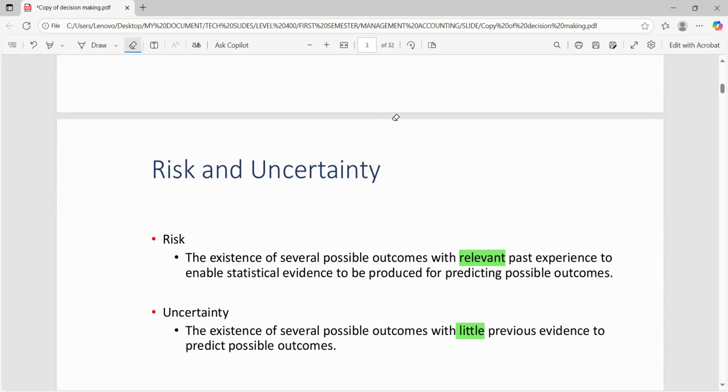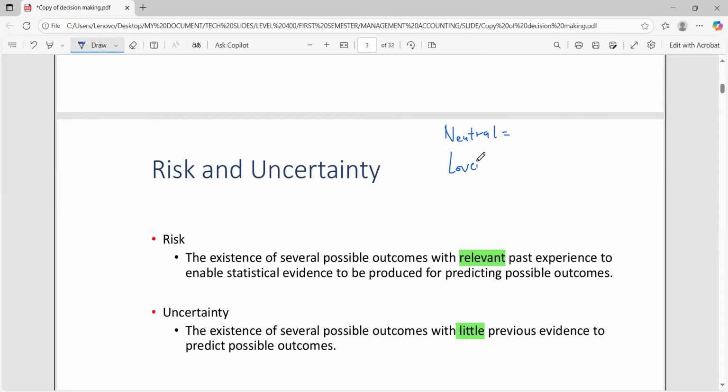The expected monetary value is used when we are talking about someone who is risk neutral. Risk neutral is found between a risk lover and someone who does not love risk.